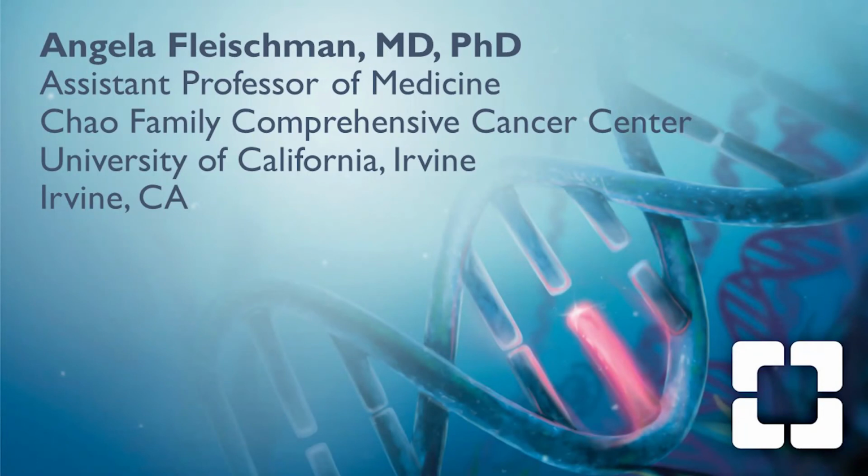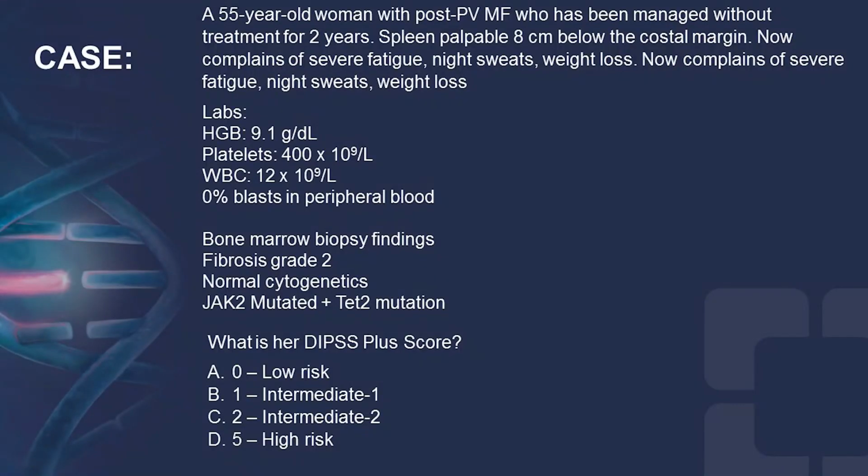Okay, so this is a 55-year-old woman with post-PV myelofibrosis who's been managed without treatment for 2 years. She just progressed to myelofibrosis 2 years ago. She has an enlarged spleen, but now what's new is that she's complaining of severe fatigue, night sweats, and weight loss. In terms of her labs, she has mild anemia.